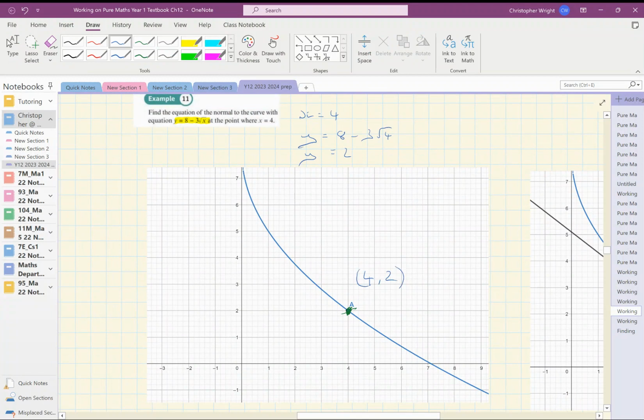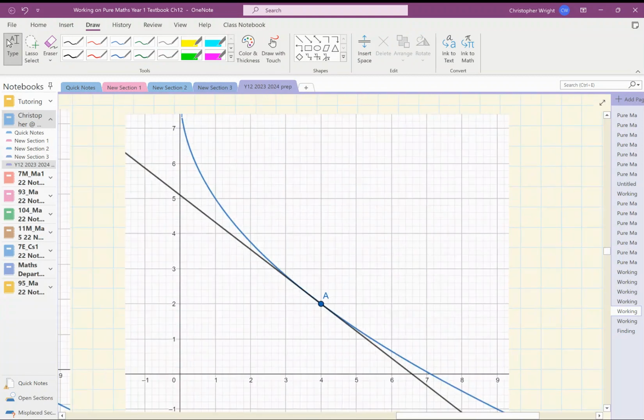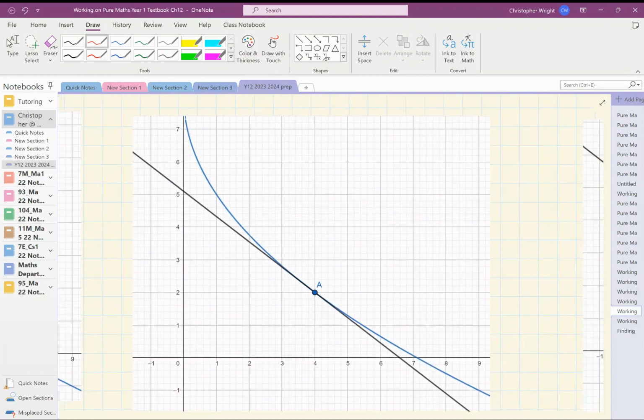Now, we've got to find the equation of the normal. Now, let's just have a think about this. I know we could have a tangent to the curve at that point, and lo and behold, here is a diagram with the tangent marked. Remember, this is the point A, which is the point (4, 2), and there's the tangent. And the tangent, of course, has the same gradient as the blue curve at that point.